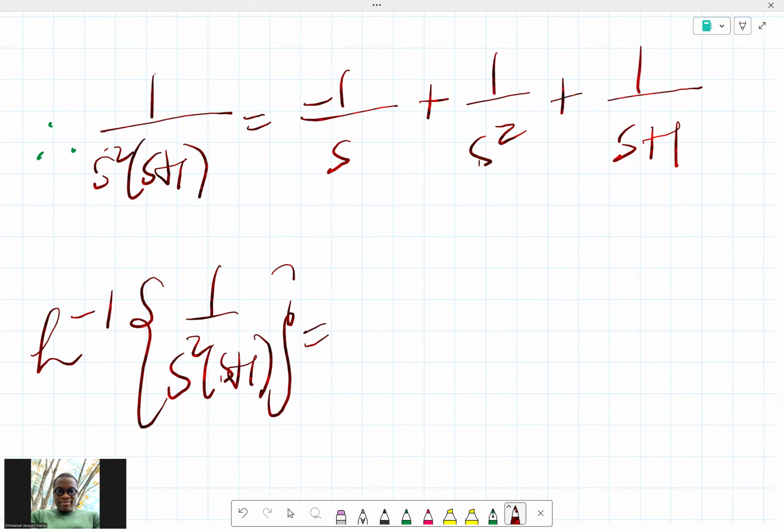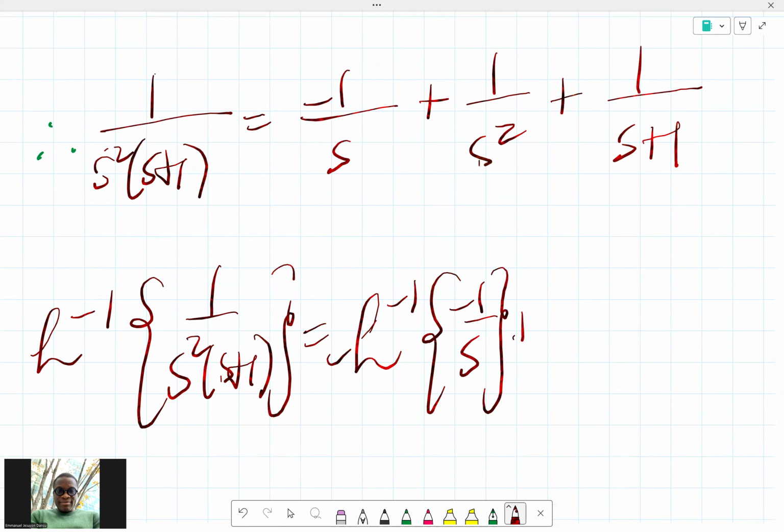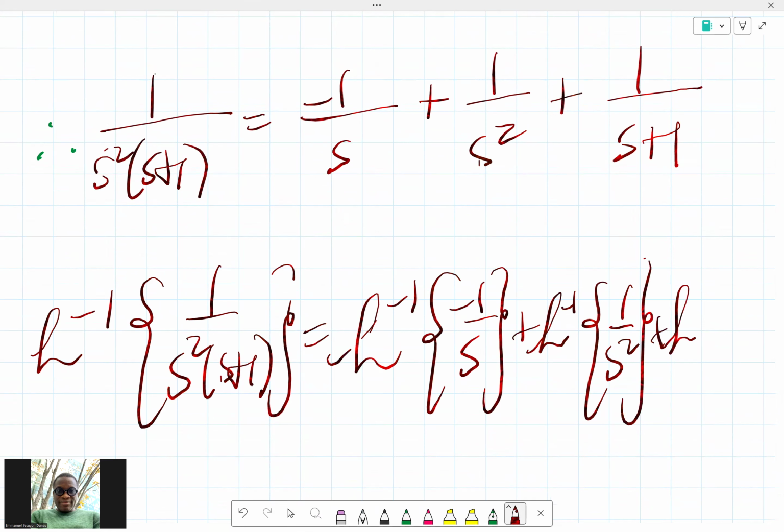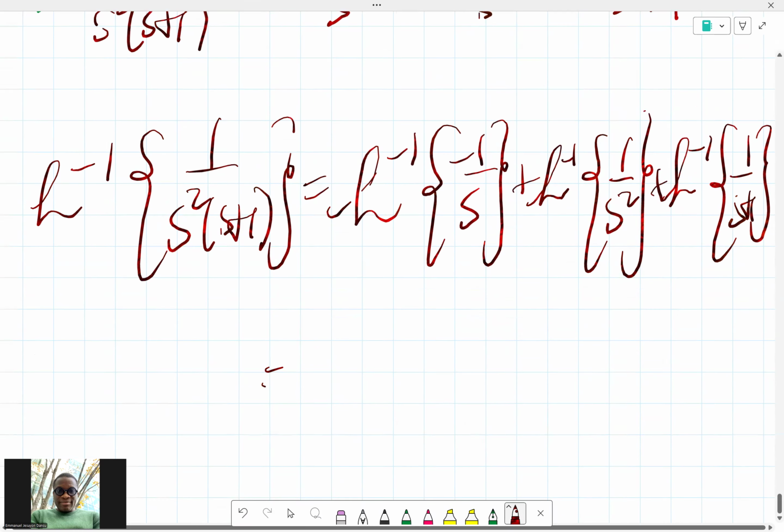so this is like the Laplace inverse of minus 1 over s plus the Laplace inverse of 1 over s squared plus the Laplace inverse of 1 over s plus 1. Okay. So minus 1 can come out.